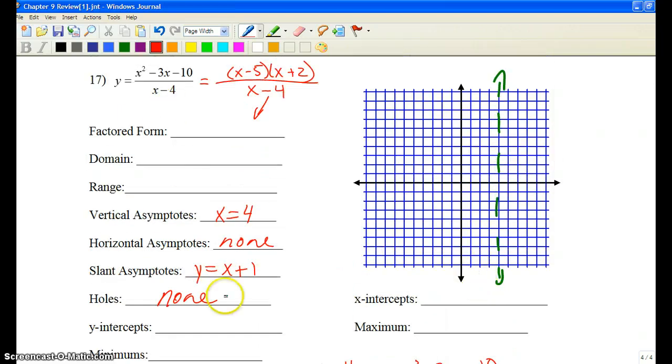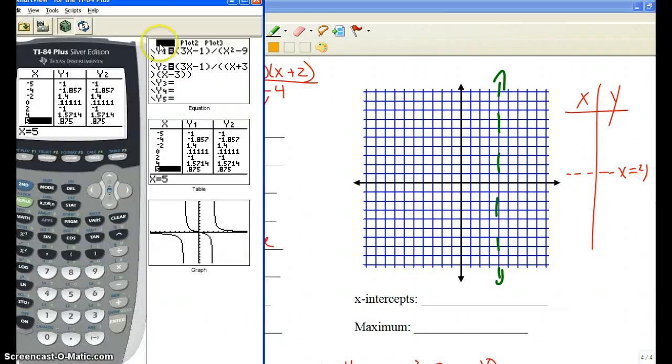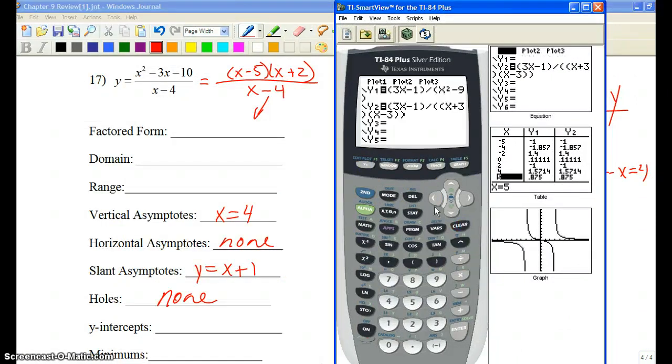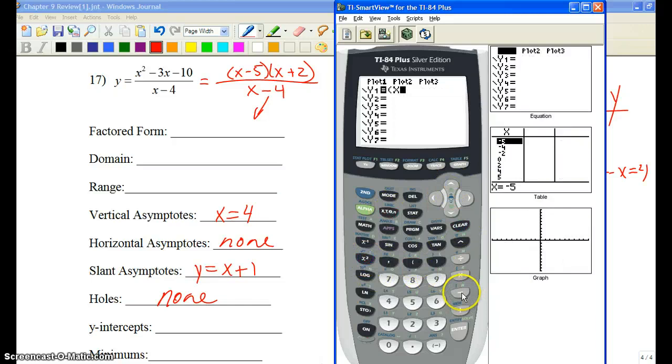Alright, from there, we have our asymptotes graph. Let's look at our table. To get our table again, we're going to notate that we have a vertical asymptote at x equals 4. We're going to type this into our calculator. I want to type in both forms into my calculator to verify that I factored it correctly.